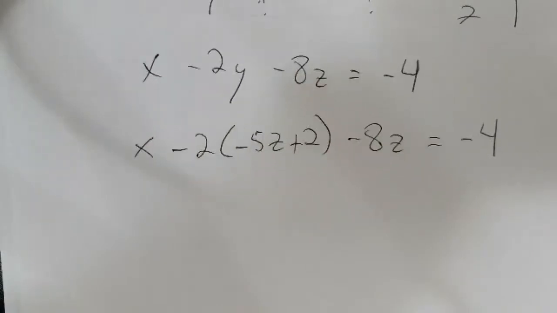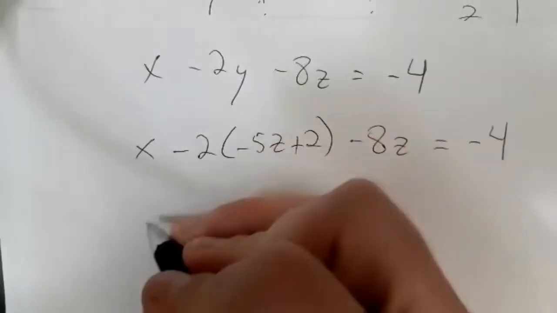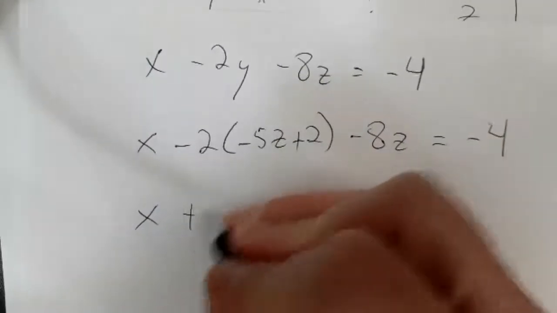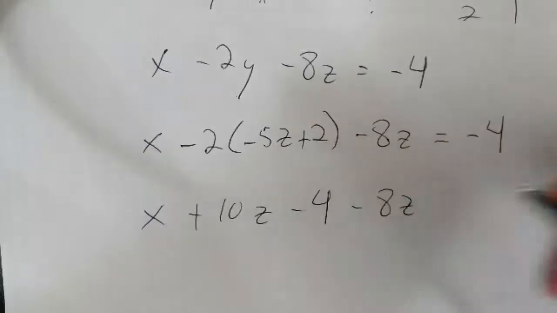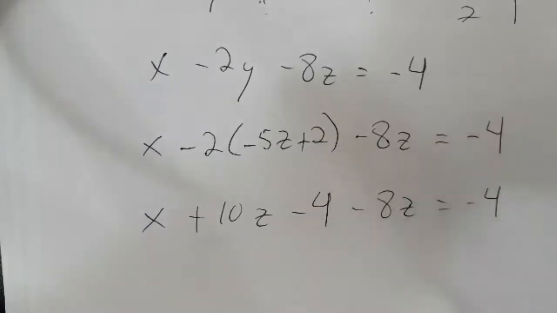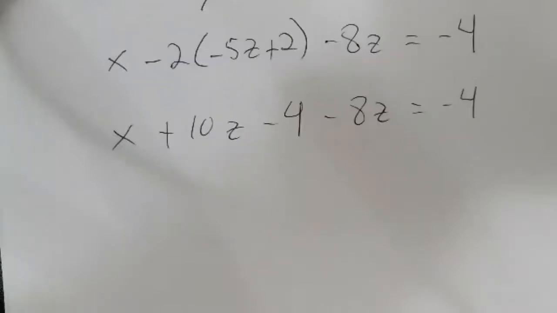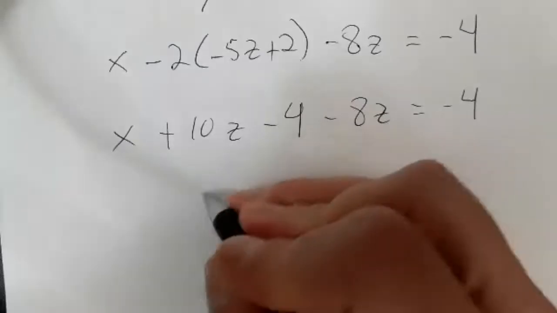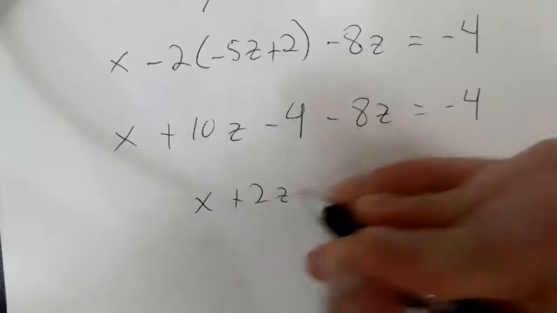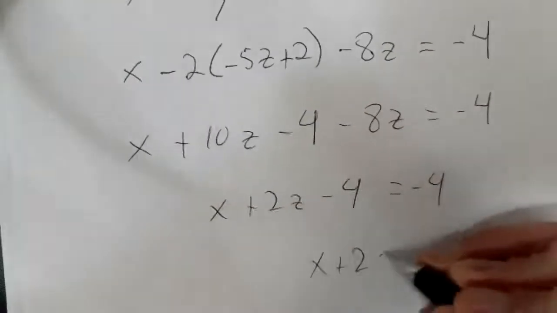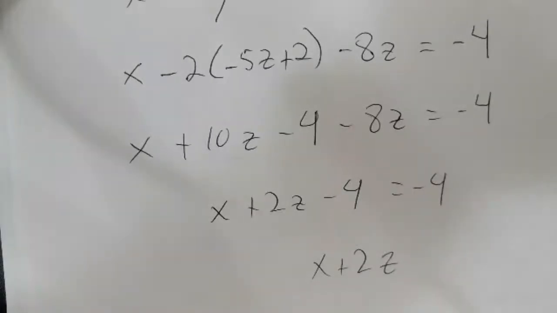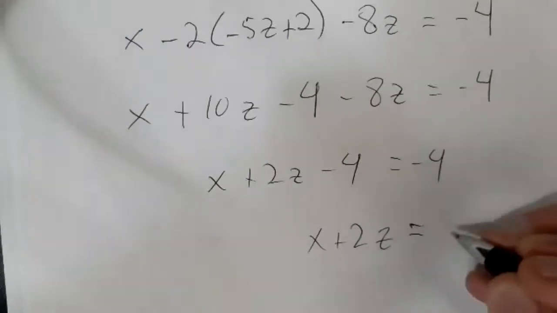So we want to solve x in terms of z. So we got to do some distribution. So I can combine some like terms. x plus 2z minus 4 equals minus 4. If I add 4, x plus 2z equals 0.